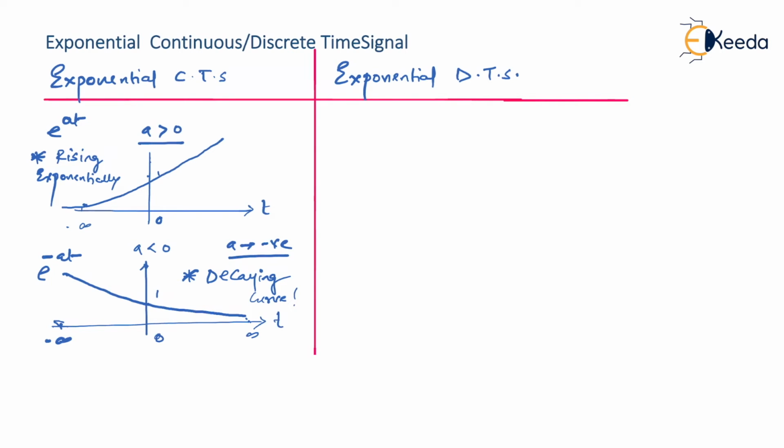Now for the discrete time signal, I can write in general x of n equal to alpha to the power n, where alpha is some constant. Let alpha equal to 2. I'm taking some random values. In that case, I can write x of n as 2 to the power n.